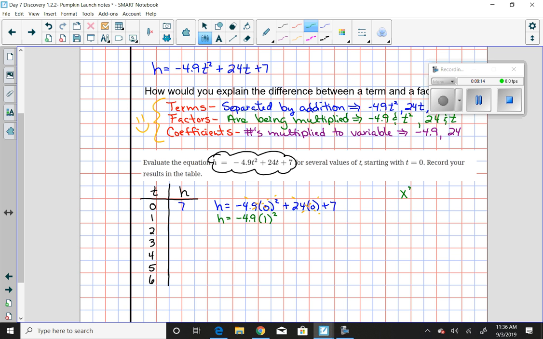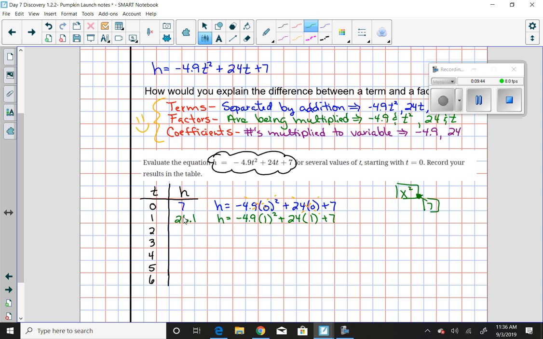The squared button is diagonal from the 7. Then press plus 24, open parenthesis 1, close the parenthesis, plus 7, and press enter. When you do that, to the nearest tenth, we should get 26.1.